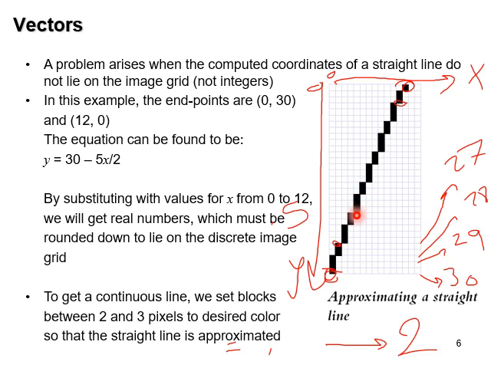All of the other black pixels, they are actually filled by, of course, the tool that does the vector graphics in order for the line to appear as a continuous straight line. Okay, so this is the problem that happens in general when you try to draw lines on a grid that has integer rows and columns, and this is how it is actually solved.